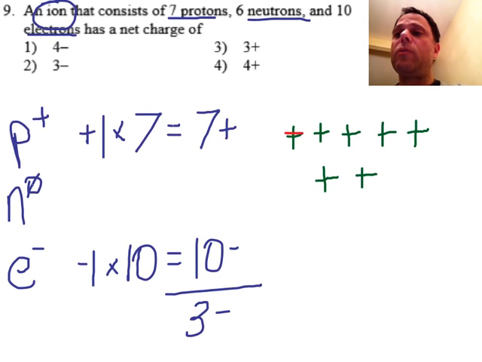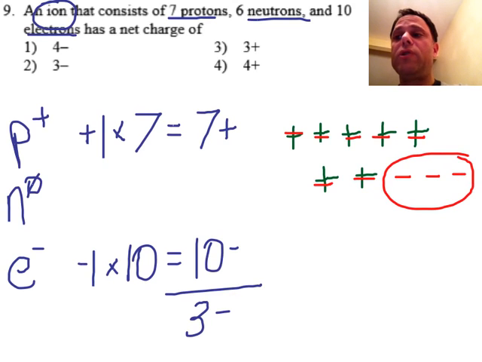So here's 1, 2, 3, 4, 5, 6, 7. Now those have neutralized each other. As a result, we still have 3 more electrons. 1, 2, 3, each with a negative 1 charge, resulting in a 3 minus.